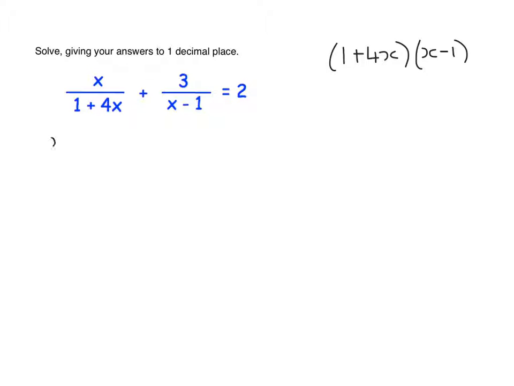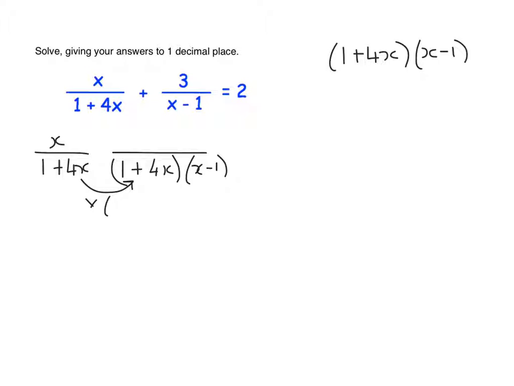So to get from x over 1 plus 4x to 1 plus 4x times x minus 1, I need to times by x minus 1. So I'm going to have x times x minus 1.